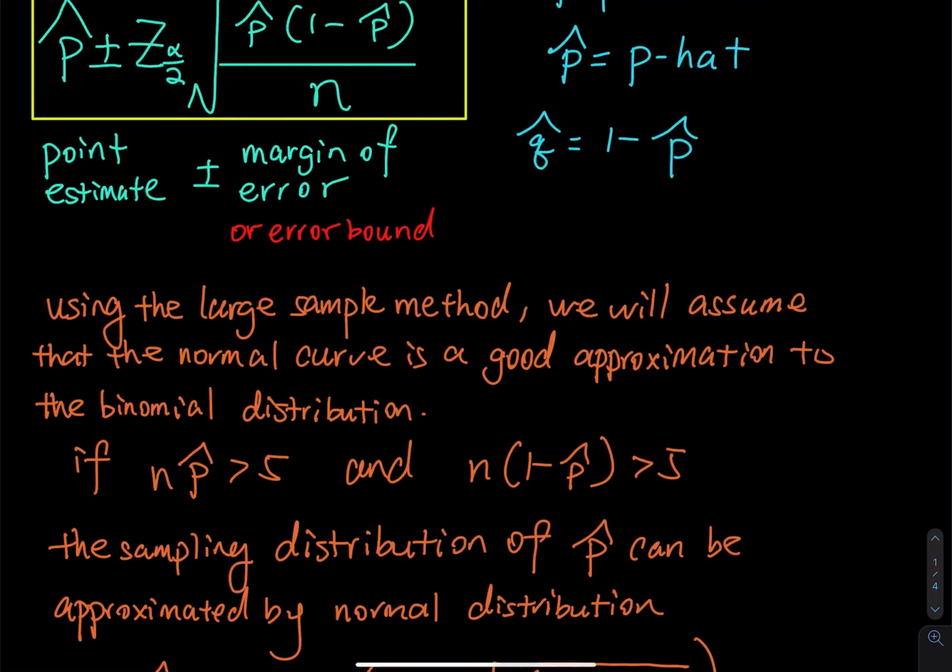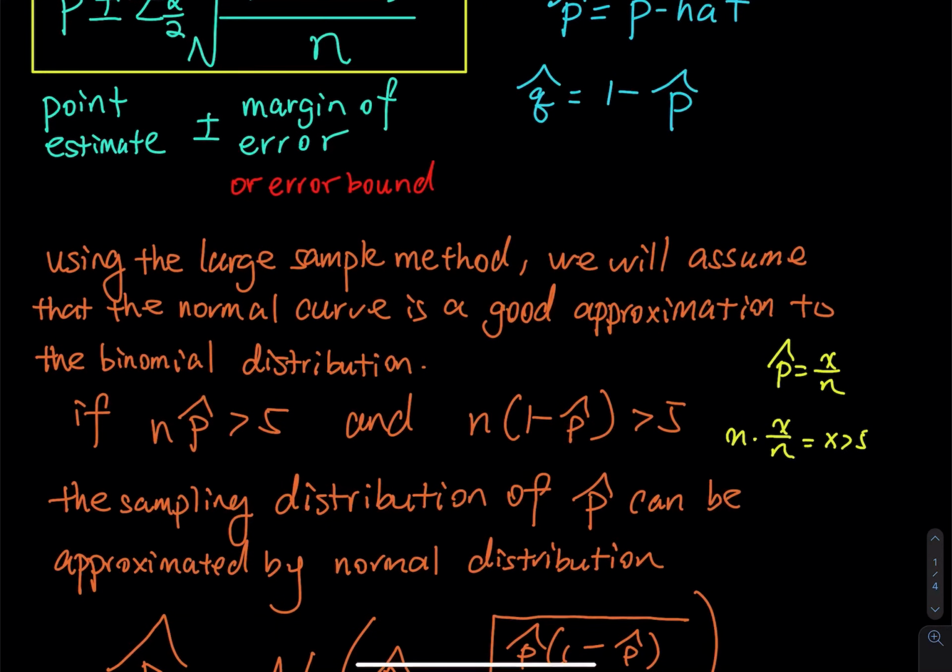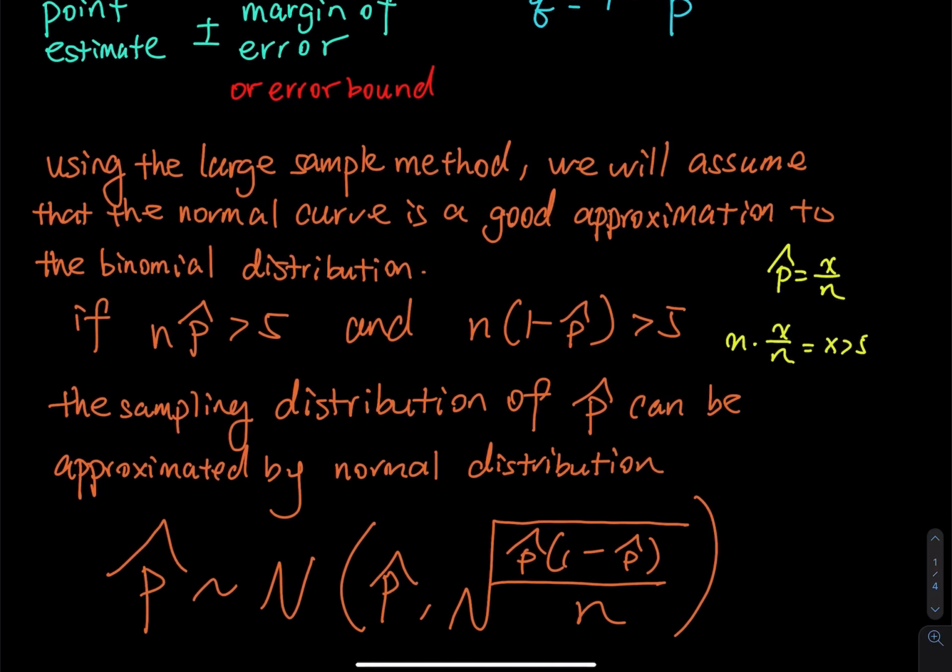When you take the sample size times the proportion, what is P hat? P hat is x divided by n, right? And then you take n times x divided by n. Do we agree that considering the algebra, the n will be cancelled? So basically you have x greater than 5. When the number of success is big enough, the sampling distribution of P hat can be approximated by normal distribution.